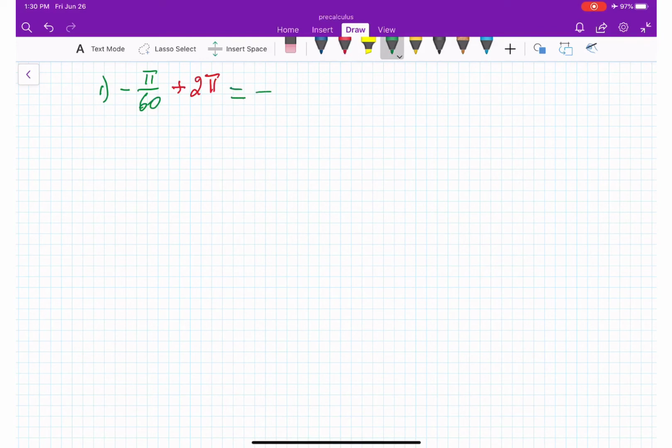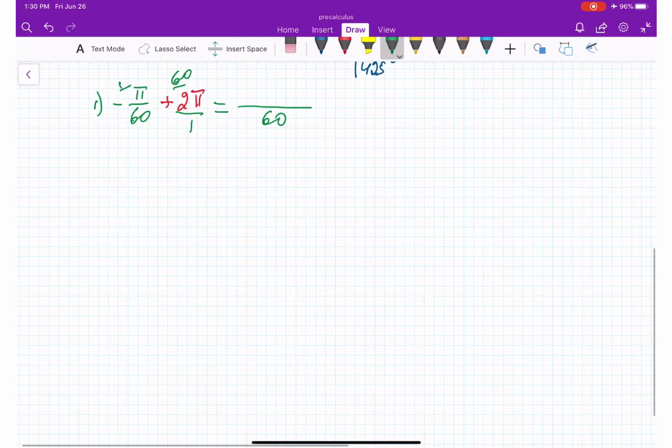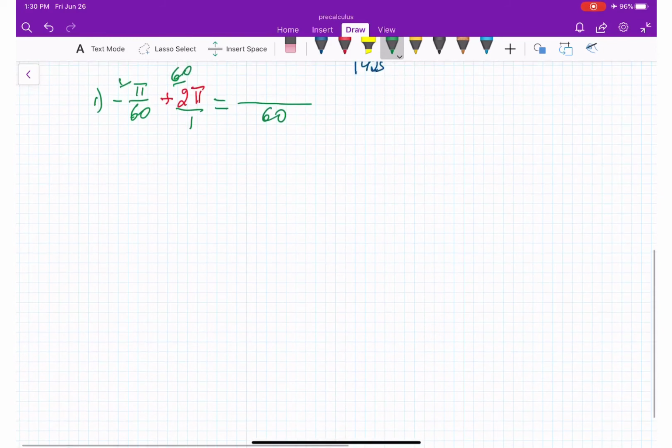By the way, I have a video where I explain addition and subtraction of fractions if somebody needs to refresh their memory. So the common denominator is going to be 60, because here the denominator is 1. So 60 by 60, this is 1. Here it's going to be 60, right? Because the denominator is only 1.